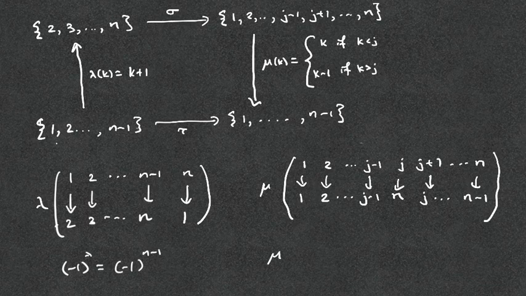Similarly, for mu, our ordering is exactly the same up to j, and it's still the same ordering from j up to n minus 1, but this n needs to go back on top. How many spaces does it need to go? It needs to go a total of n minus j spaces.